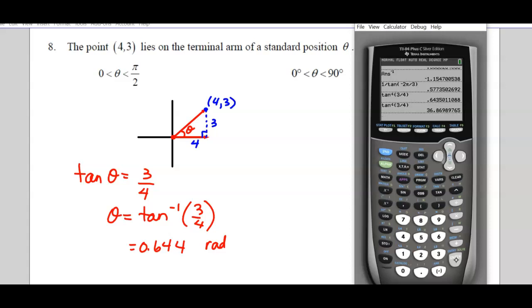Or you can take this radian answer, and remember you're converting to degrees, so multiply by 180, divide by pi, you get the same thing. And again, it doesn't say what to round to, but we're going to do that.